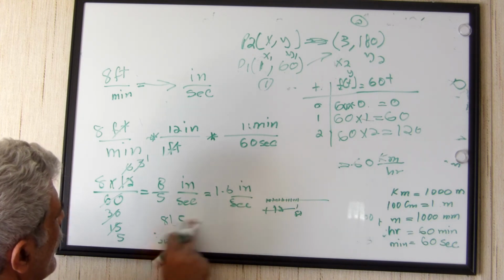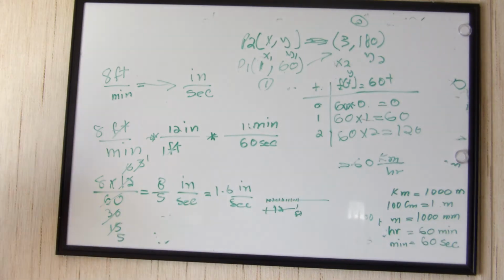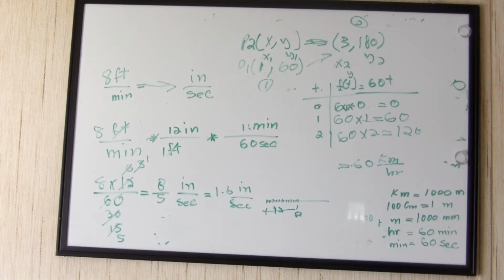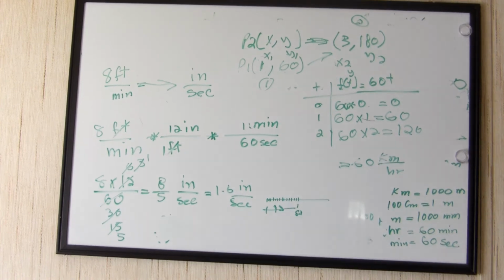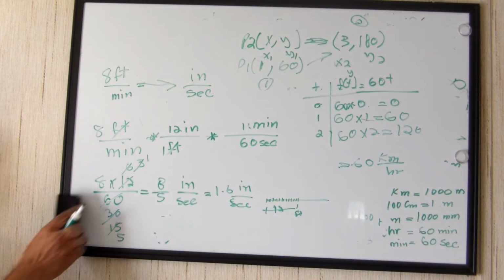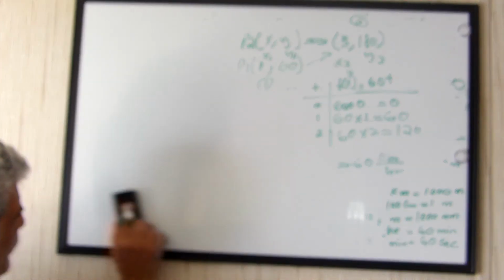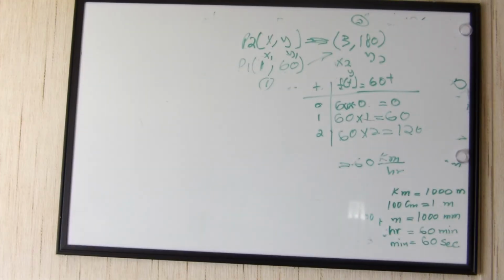It means that every second it is going to go 1.6 inches. Later on we are going to talk about this, because units are very important. We will give you more examples later on.